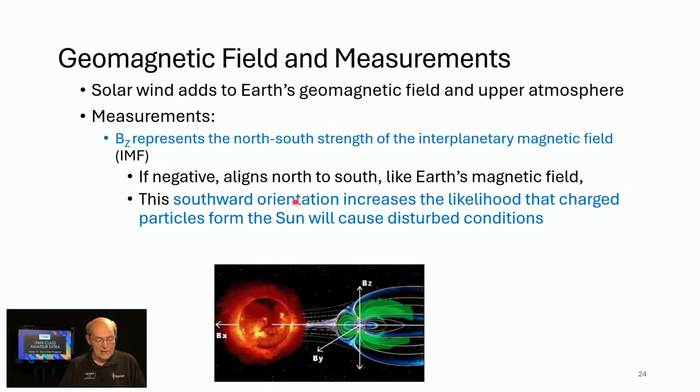If negative, it aligns north to south, like the Earth's magnetic field. This southward orientation increases the likelihood that charged particles from the sun will cause disturbed conditions. See, I misspelled that. So B sub Z being negative will disturb the magnetic conditions here and negatively affect propagation.